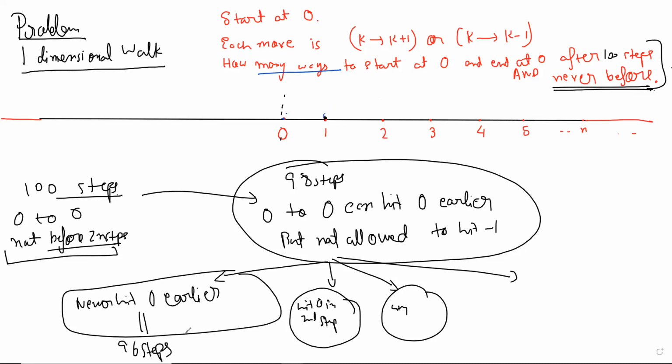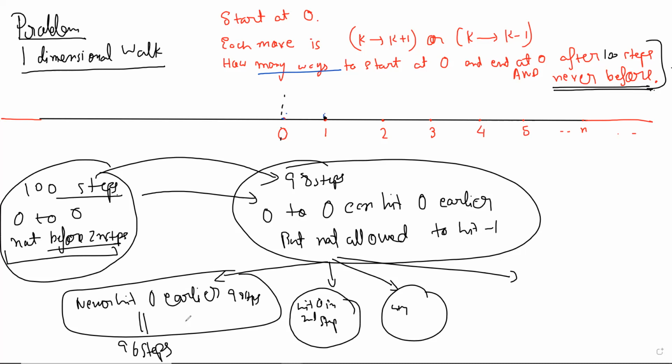Now the answer is on the screen. When it was 100 steps and not hitting before, you reduced it to 98 steps allowed to hit before. But now this is like never hit earlier, 98 steps. Won't this reduce to 96 steps of this problem?